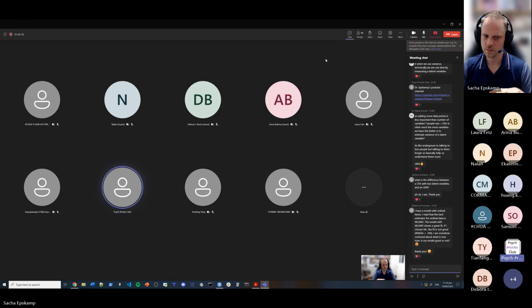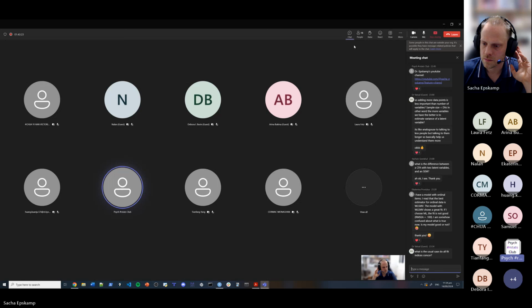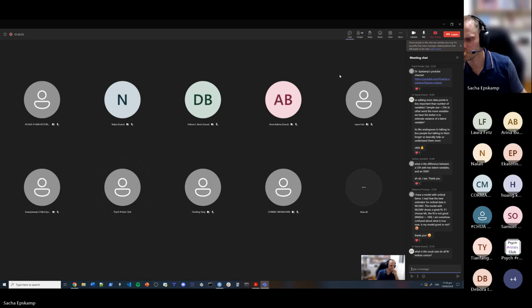There's one. What is the usual case in which all fit indices concur? Usually they will align. If a model is bad, you will see it in every way. But it can happen that one fit index is good. It can happen that incremental fit indices are all around the cutoff point, like 0.90, 0.89, for example. And most of them are actually indicating acceptable fit.